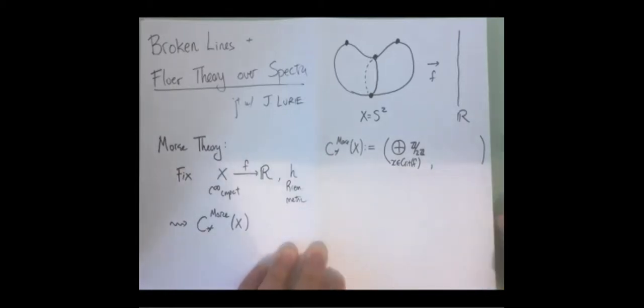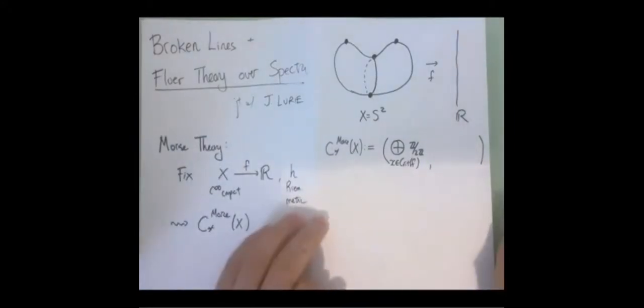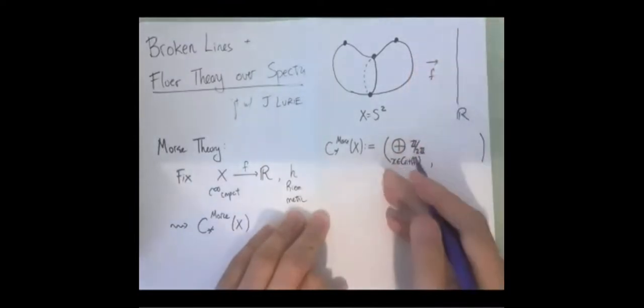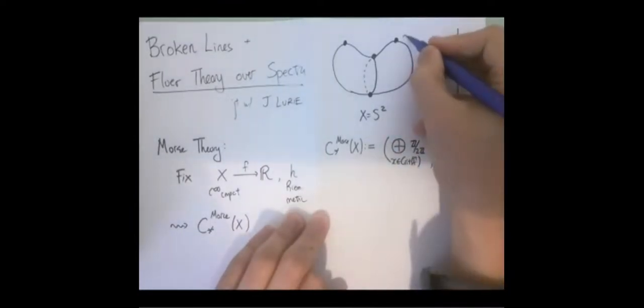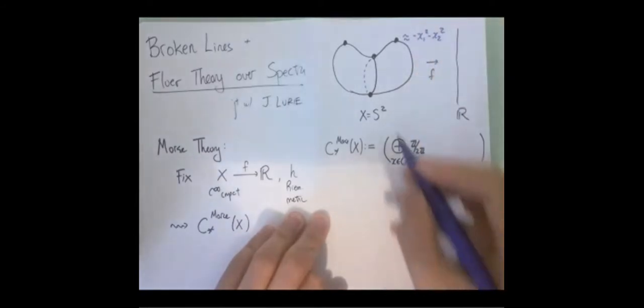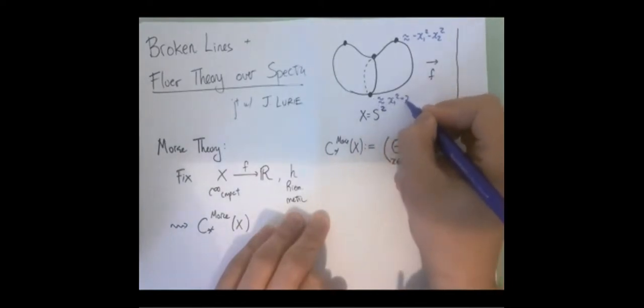So what are the gradings of each generator? Well, by my genericity assumption, near every critical point, f is going to look like some quadratic function. For example, near this critical point, it could look like negative x1 squared minus x2 squared. Near this critical point, f is going to look like x1 squared plus x2 squared.